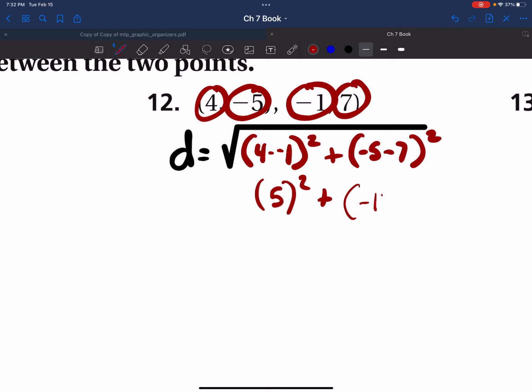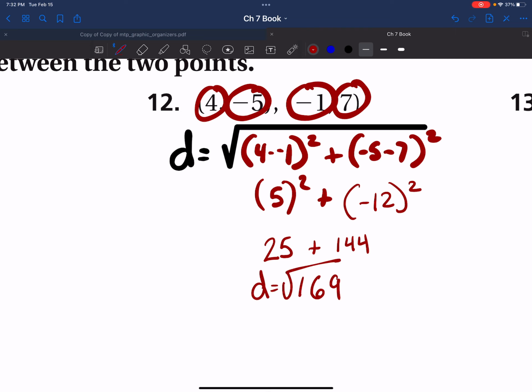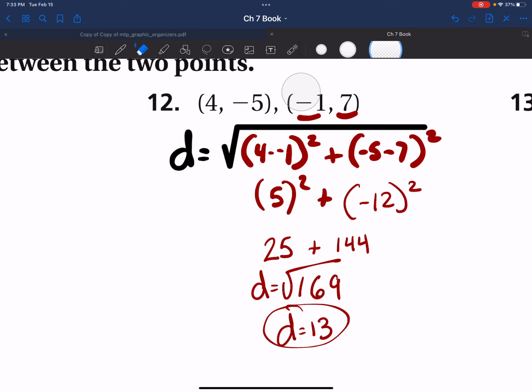That'd be negative 12. Okay? 5 squared is 25. Negative 12 squared, that's just 12 times 12, really, because 2 negatives make a positive, which is 144. All right, 144 plus 25, 169. Oh, I know this is going to square root nicely. This is the one I said I can never remember. Remember? It's 13. Okay, so these 2 points are 13 units apart. I love it when it equals a nice number.